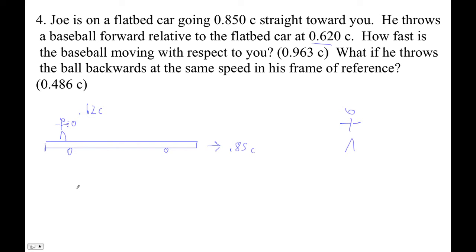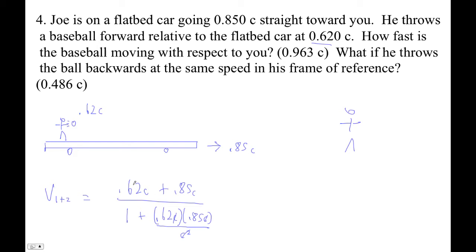So we use the Lorentzian transform and we add it, and it's going to be the sum of V1 plus V2, 0.62 C plus 0.85 C, all over, and the formula has the minus in there. Minus is for subtracting, plus is for adding. So 0.62 C times 0.85 C over C squared, and the C's here are going to cancel out.